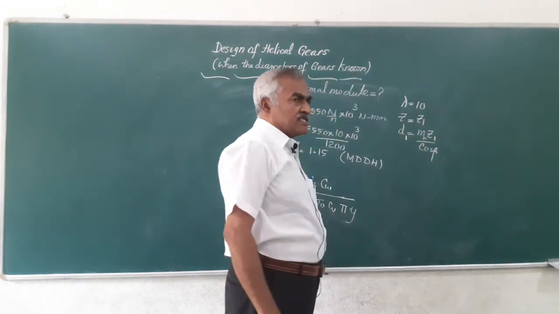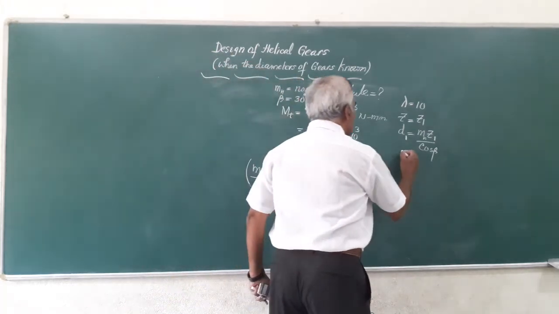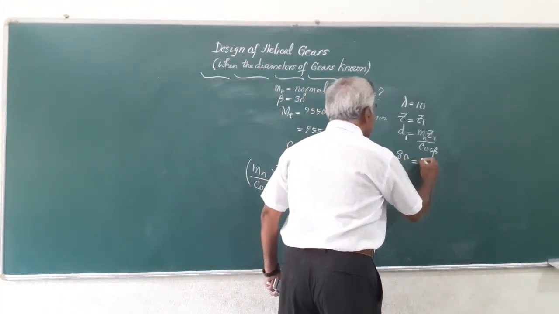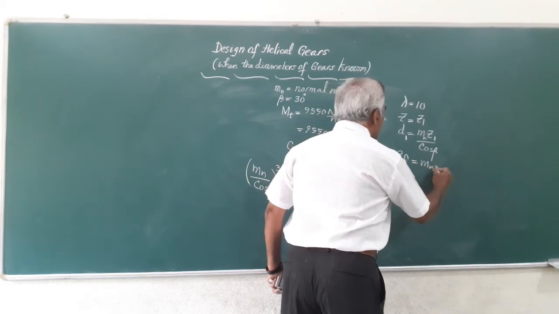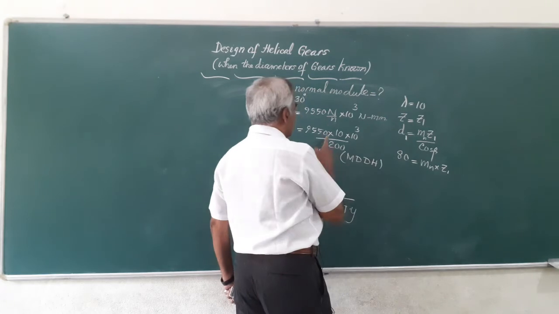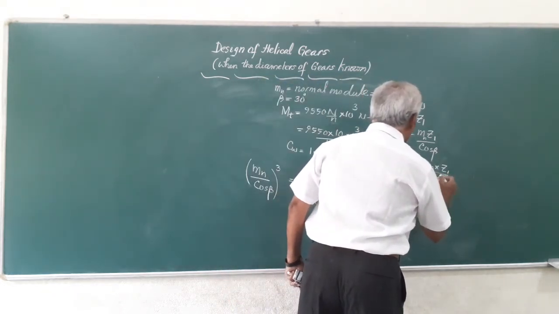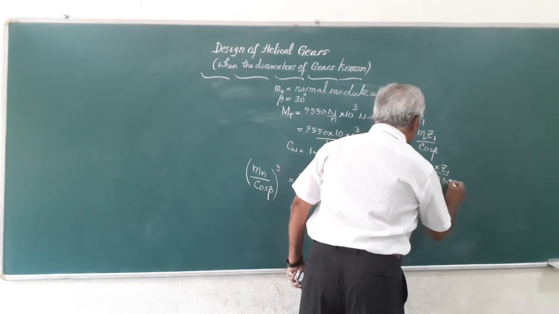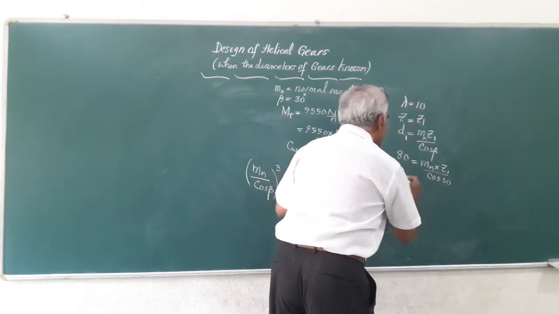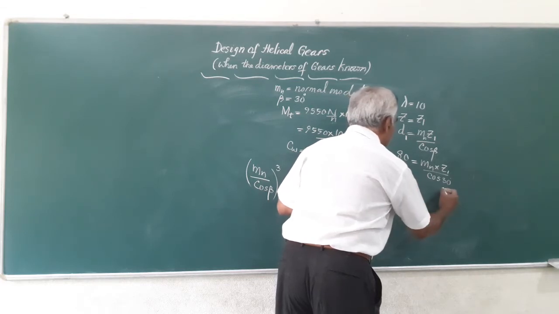So friends, in this problem, the diameter of the pinion is given to us. If I make this substitution, this is 80, Mn is unknown, this is Z1, and then this is cos of 30 degrees. Friends, so you will be getting this Z1 in terms of Mn.